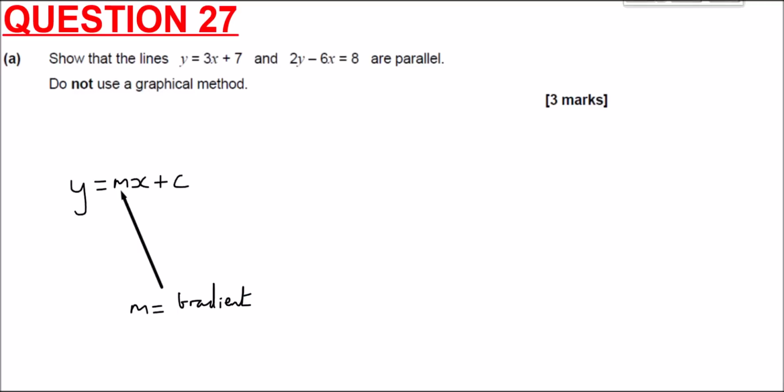Not that you need it for this particular question, but I may as well mention now, c is the y-axis intercept. That's just a fancy way of saying that's where the line crosses the y-axis. Now, when two lines are parallel, what that means is the gradients are the same.